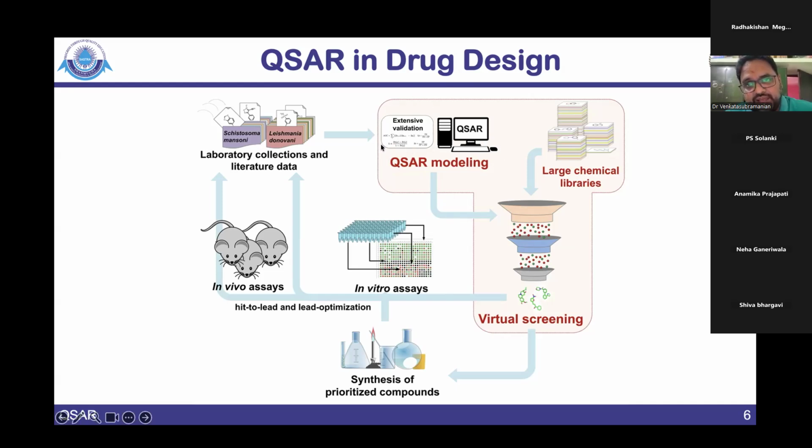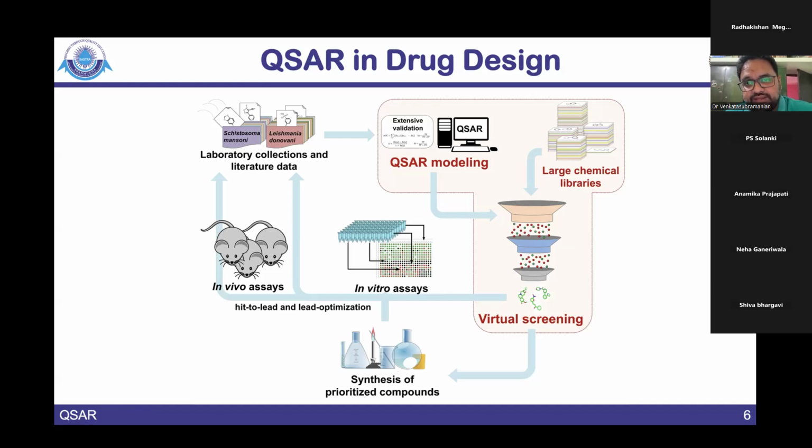So, once we have that experimental data, we can use QSAR modeling to validate these models. And it can be used to efficiently identify potential lead molecules. Whether it is in vitro screening or in silico screening, we start with a random library of so many compounds, and we have a lot of work to do.